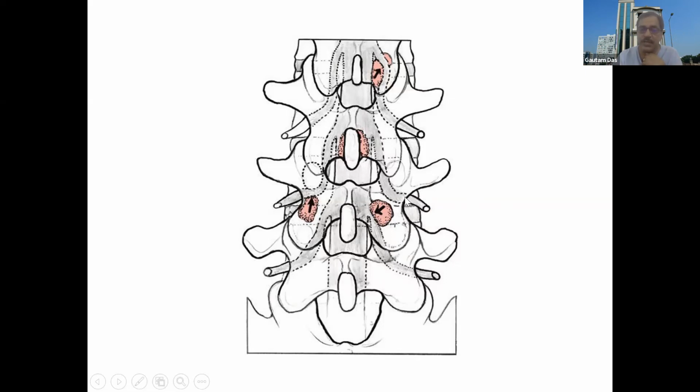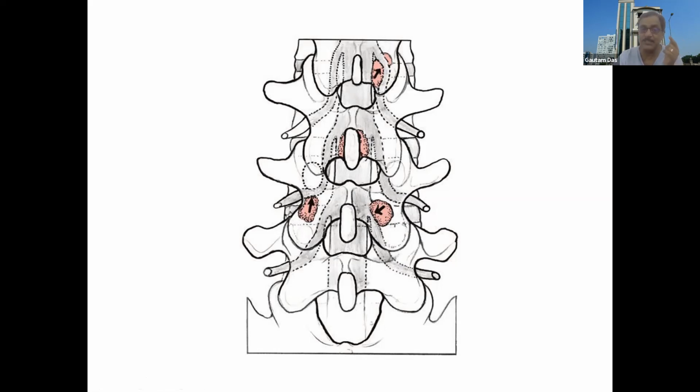So you see, the exiting nerve root is exiting above the disc, because the exiting nerve root is in the upper part of the foramen. Foramen is from one pedicle to another pedicle, and the exiting nerve root is in the upper part. So normally, the exiting nerve root is not getting compressed by that level disc. That means L4-5 disc prolapse normally affects the L5 traversing nerve root here because L4 is already exited.